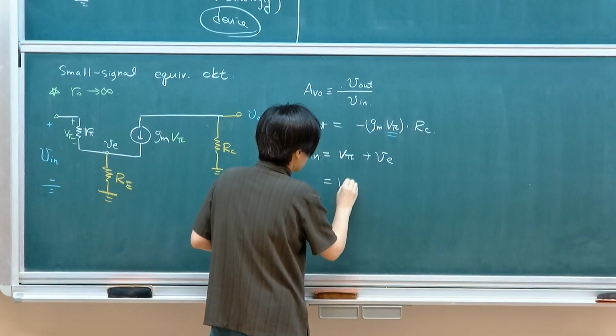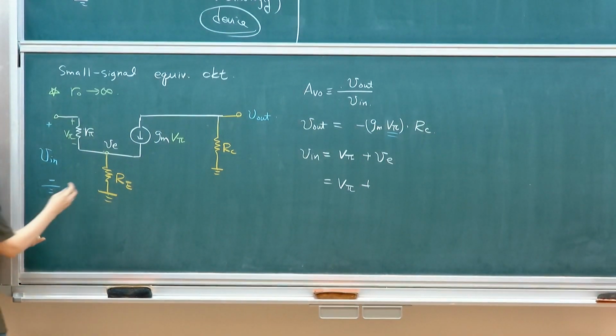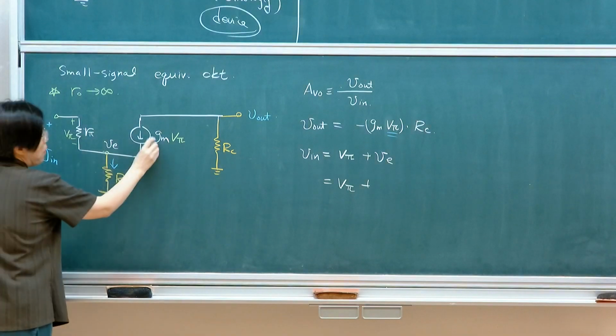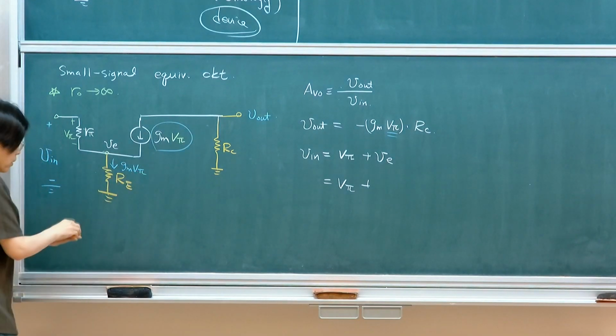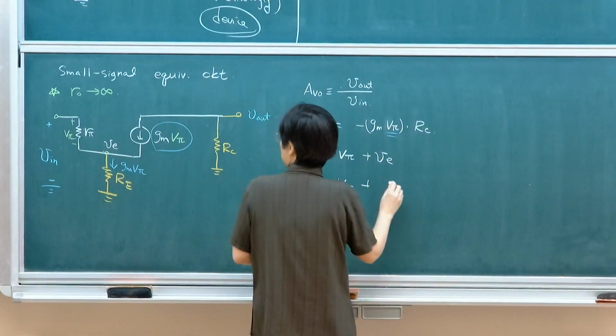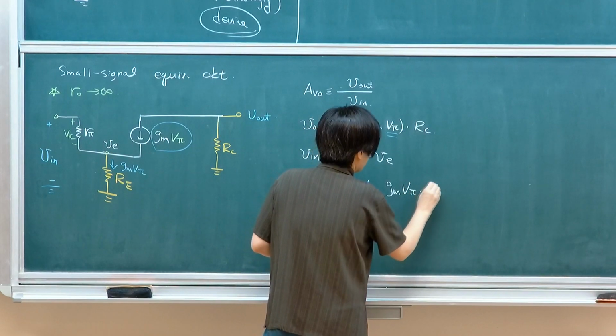And what is VE? VE is defined by the current going down here. What is the current going down? It's the same as gm V pi. Therefore, we'll have gm V pi times RE.